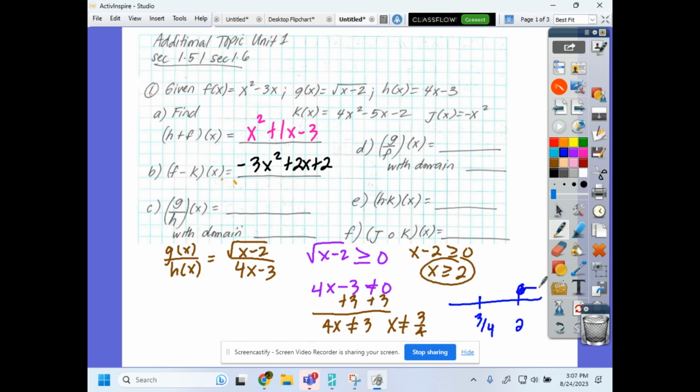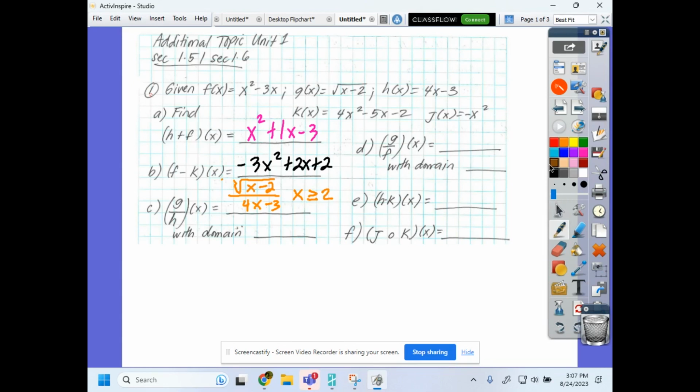The 2 is going to the right side, while the 3/4 is covering the entire graph except the value of 3/4. Where does the graph overlap? The overlap is right here. So the answer here will be square root of x minus 2 all over 4x minus 3, but the domain must be x greater than or equal to 2.